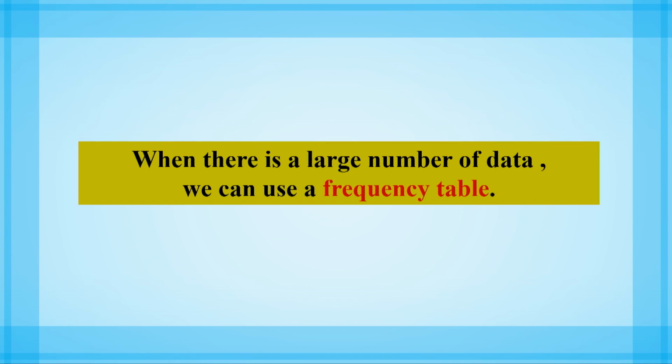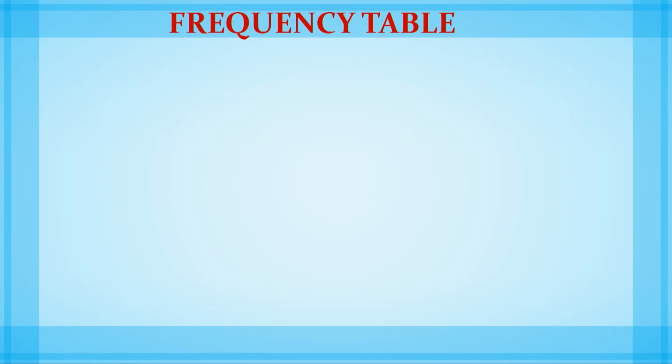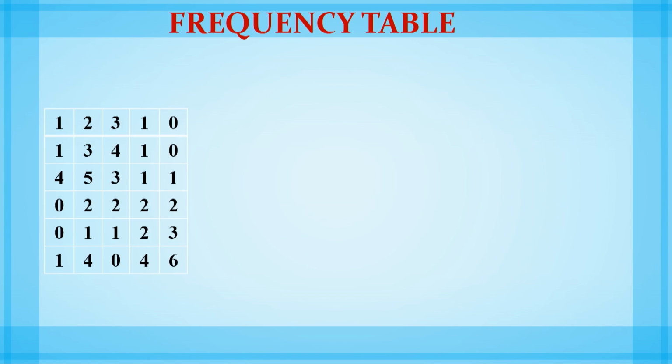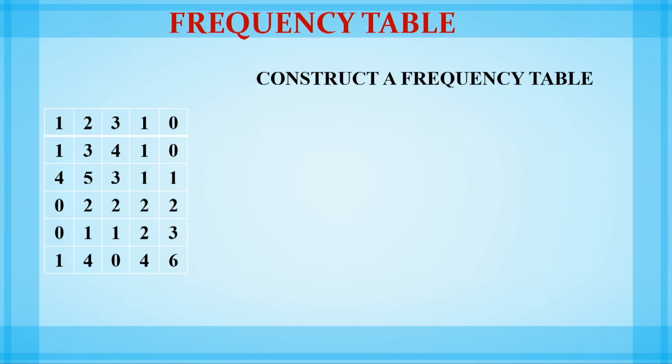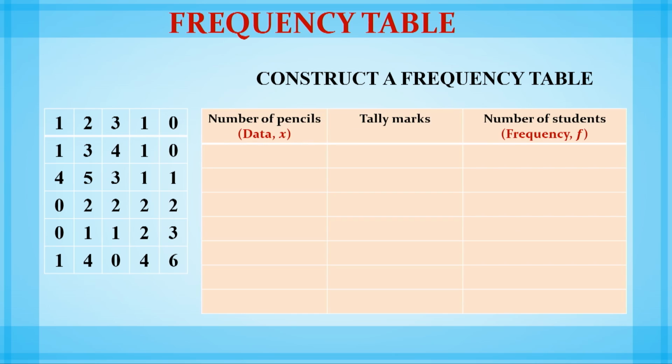Friends, when there is a large number of data, we can use a frequency table. Let's revisit how to construct a frequency table by considering the same example. Students, when you are constructing a frequency table, first construct a table with 3 columns.